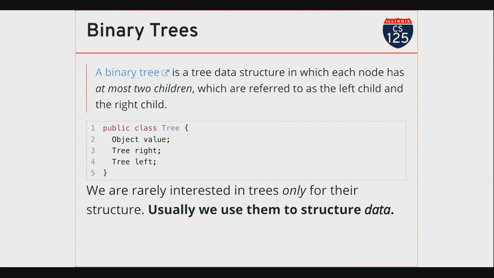So the data structure we're going to work with in this class is known as a binary tree. A binary tree is a special case of a tree where each node has 0, 1, or 2 children. At most, 2 children. Here's how we are going to represent our tree data structure.